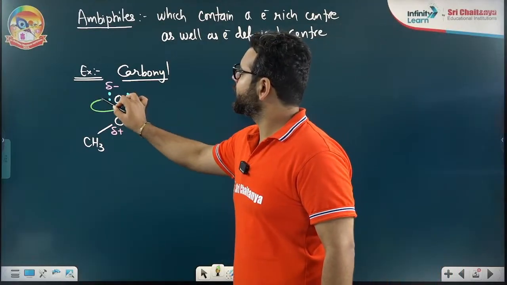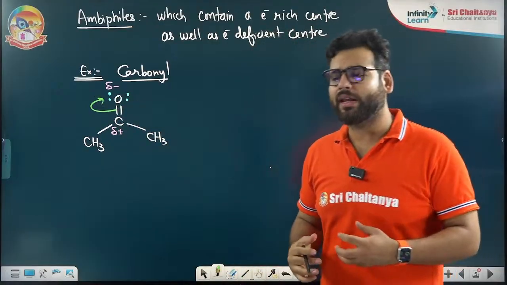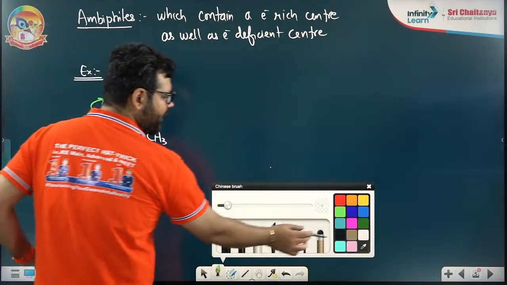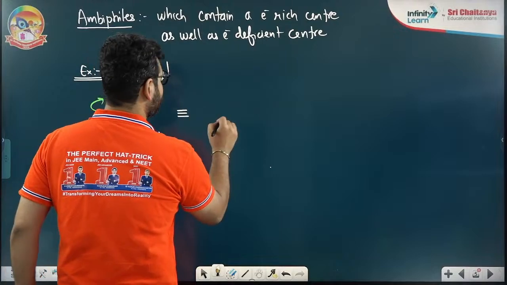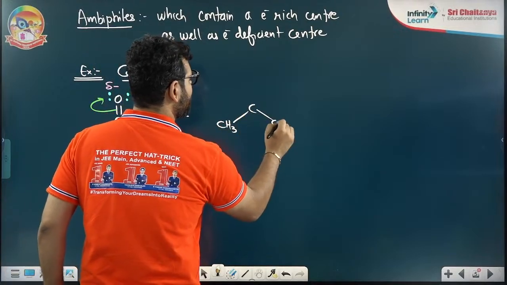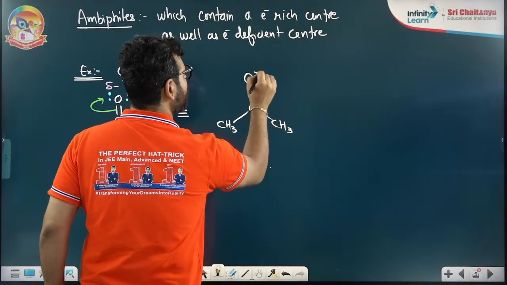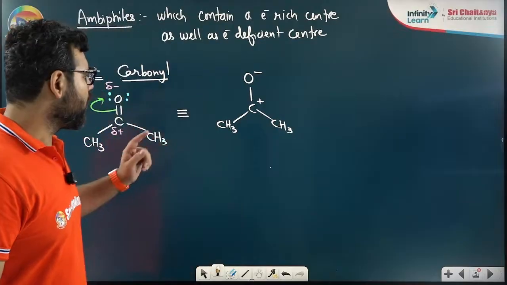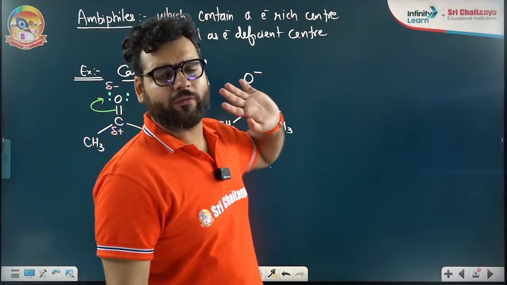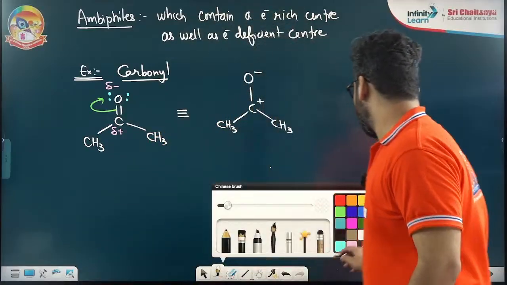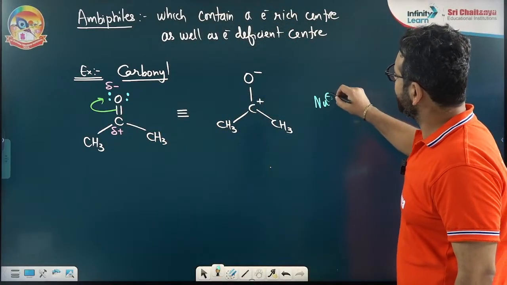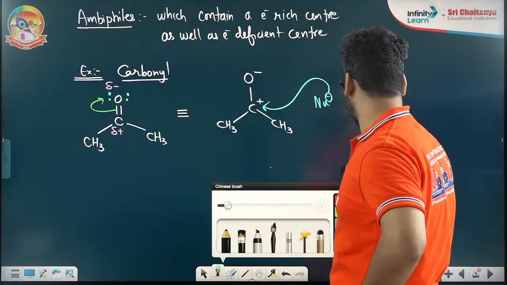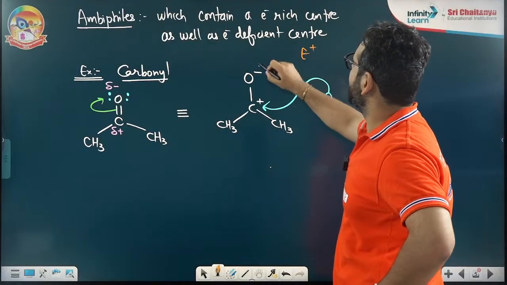Pi electrons are very mobile. They keep moving. So if this bond shifts here, after some time, this compound will start looking like this, O negative, C positive. That means in this ketone, there is always some positive carbon present. So if any nucleophile wants to come and attack, it can attack here. If any electrophile wants to come, then O can attack on the electrophile.